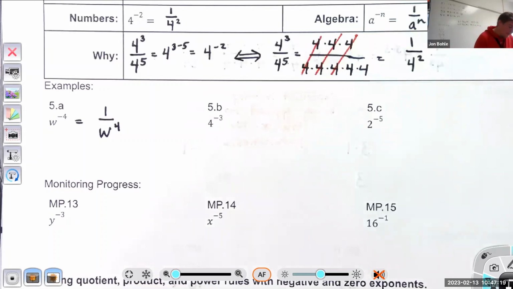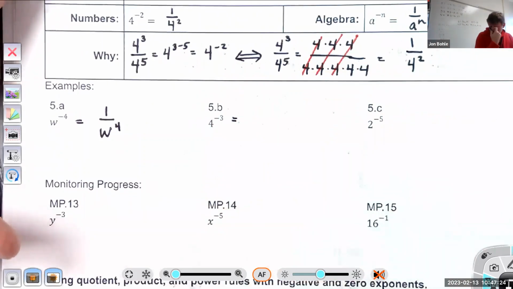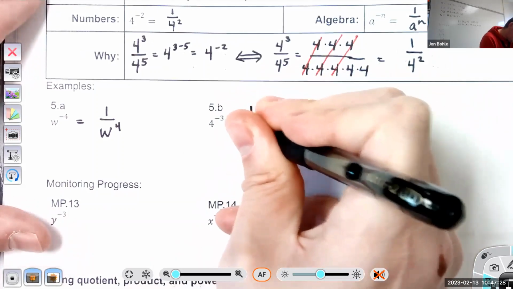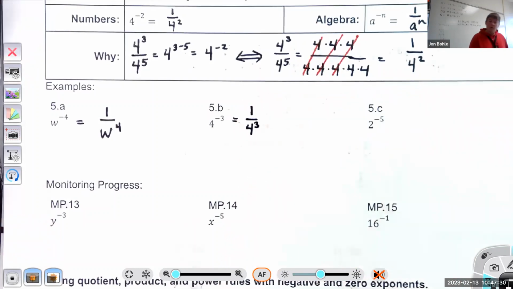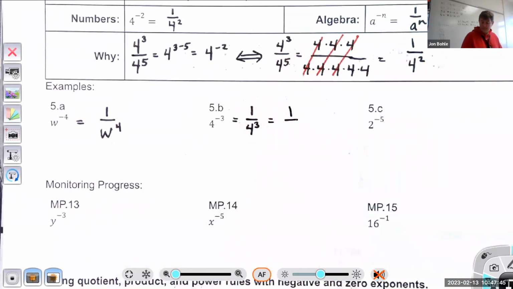Okay, 5B. One over 4 to the third. Okay. Now on this one, I can simplify 4 to the third because I can determine what 4 to the third is. Okay. So 4 to the third, how do I determine that?